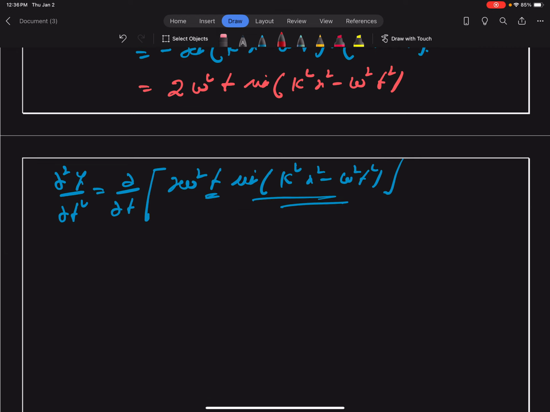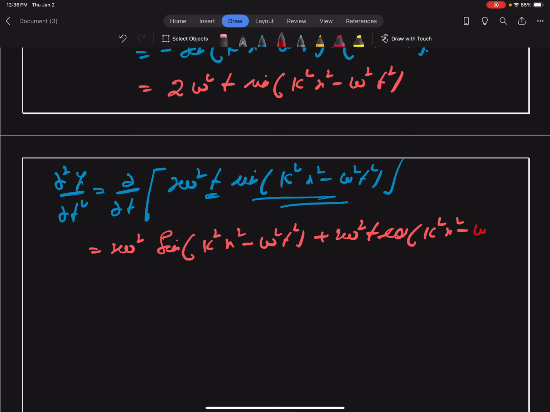So this is a lengthy one, so you can write this as 2 omega square sine of k square x square minus omega square t square plus 2 omega square multiplied by t, and this is our cos of k square x square minus omega square t square multiplied by minus of 2 omega square t.